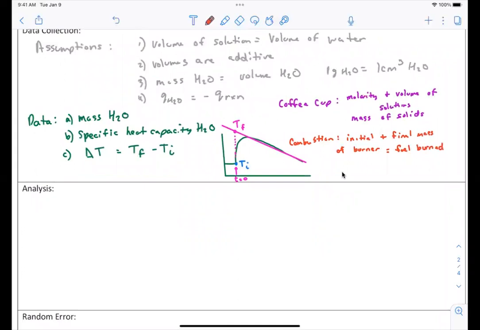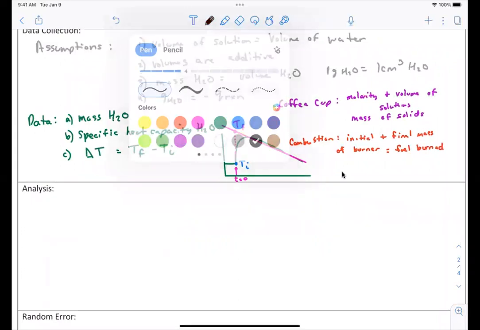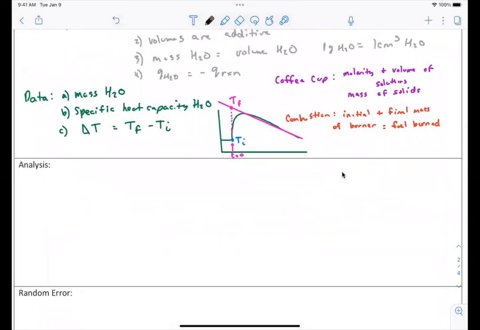Analysis. Now, the analysis is not going to change for either reaction. The idea is you need to know the temperature change, and you're dealing with water here. If it's coffee cup, you're probably adding the volumes of the water together. If it's combustion, you're just having the starting amount of water here.